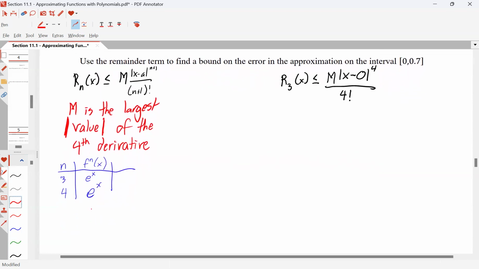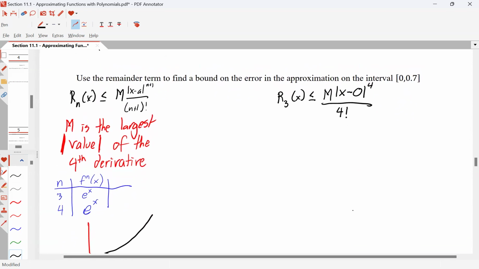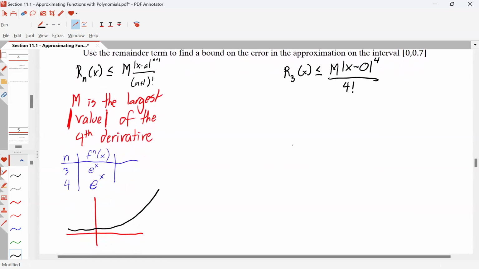So we are going to look at the function of e to the x. And we're being told we want the error in the approximation on the interval 0 to 0.7. So we want this interval from 0 to 0.7.